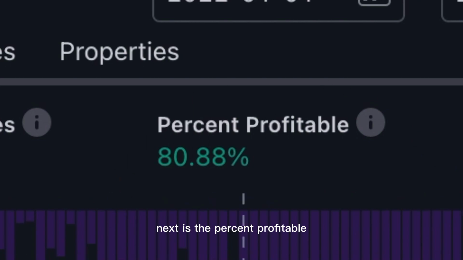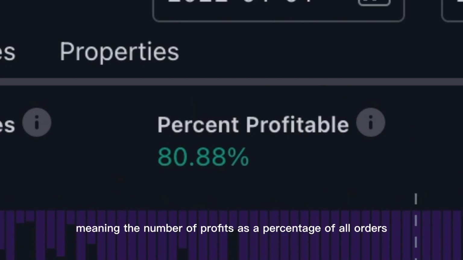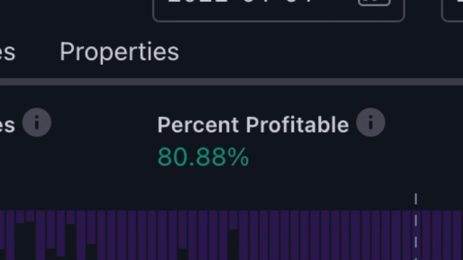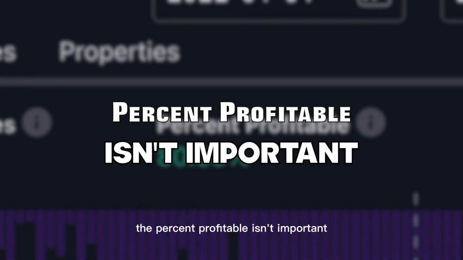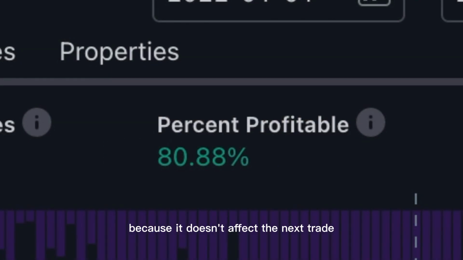Next is the percent profitable, meaning the number of profits as a percentage of all orders. Theoretically, the percent profitable isn't important because it doesn't affect the next trade through the human mind, as it does with manual trading.